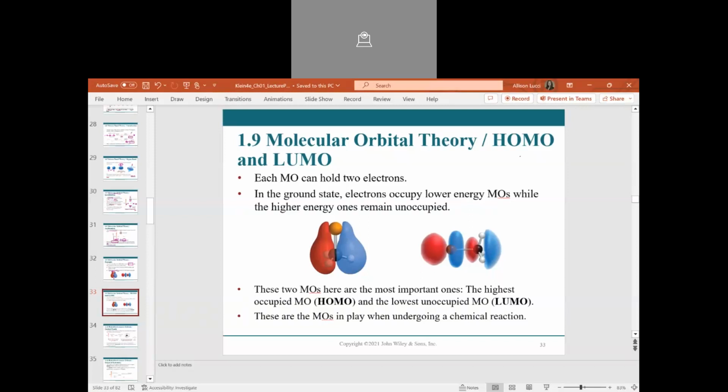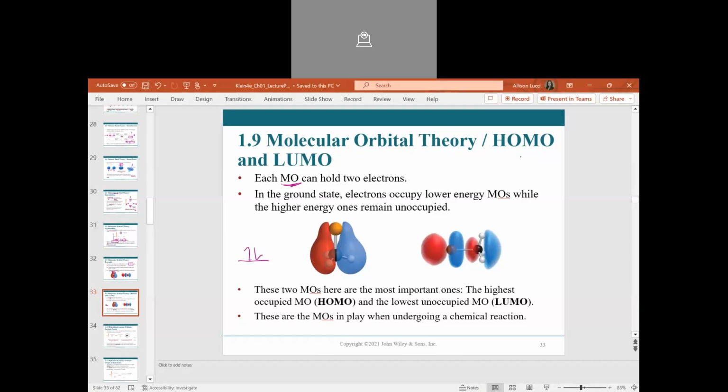Each of these molecular orbitals can hold 2 electrons. So that's our maximum. And we saw that with the hydrogen atom, the bonding molecular orbital housed 2 electrons. And we have 2 specific molecular orbitals that we're going to pick out here.